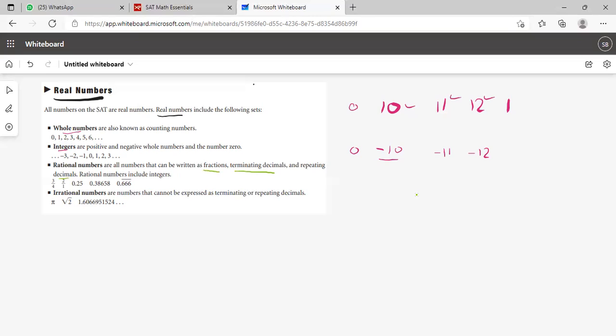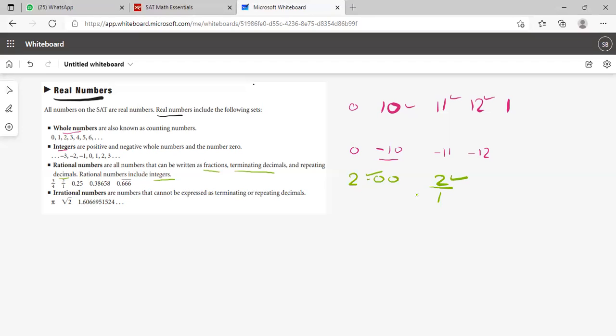Rational numbers include integers, because if I have this integer 2, I can write it down like this. I can still include a decimal, or if not a decimal, then I can always write it down as a fraction. So whenever you have an integer, just remember that integers are always rational numbers because they can also be written with a decimal and with a fraction, right?